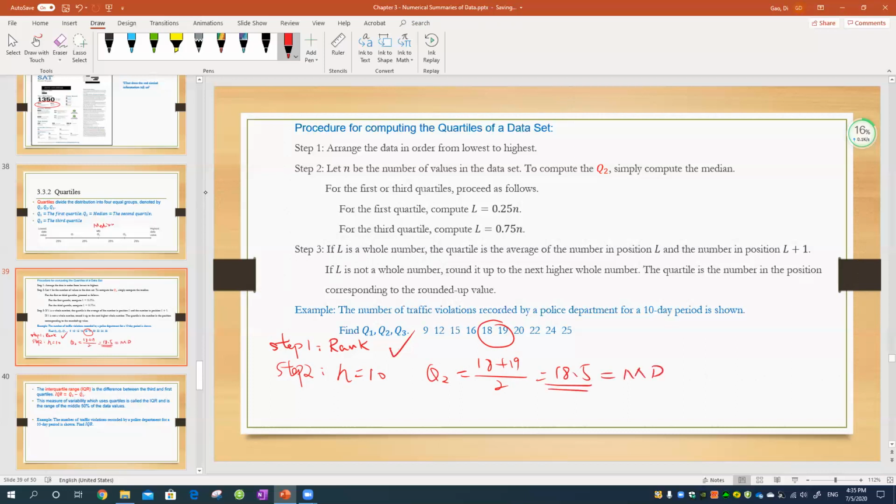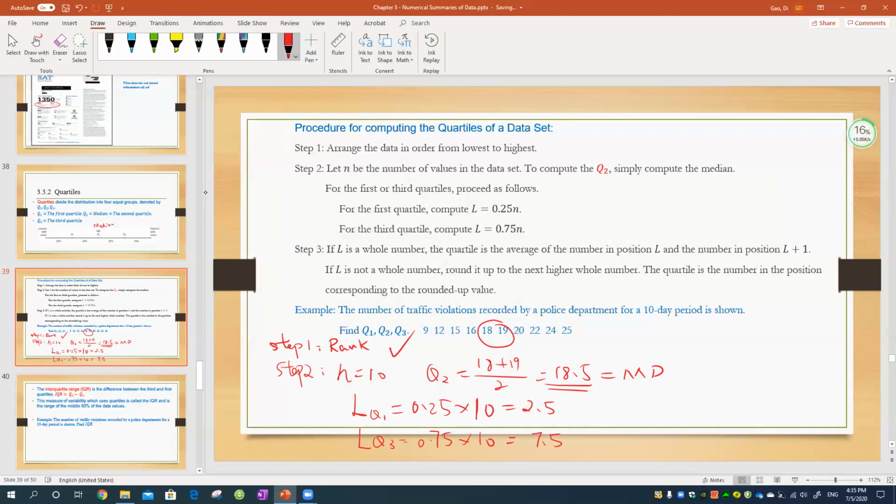And then L for Q1 equals 0.25 times 10, which is 2.5. L for Q3 is going to be 0.75 times 10, which is 7.5.